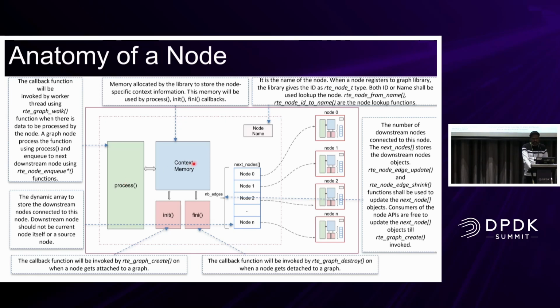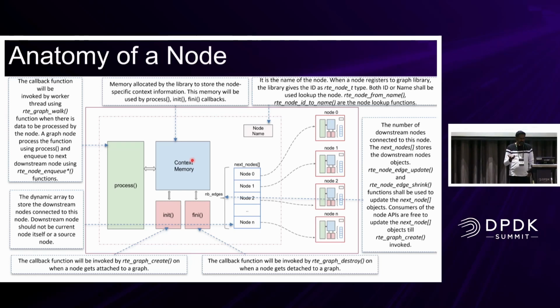Each node also has a context memory, which is a scratch pad memory for that process. This will hold the user area or context area. This is a 16-byte fast path area. If 16 bytes is not enough for a node, you can use a pointer and point it to another structure.